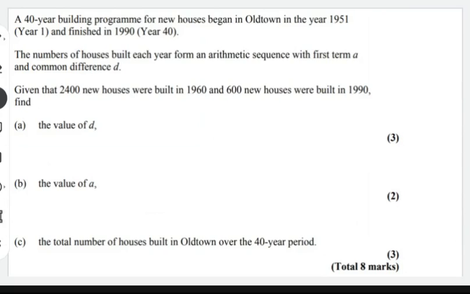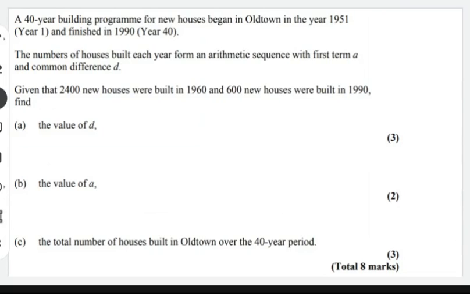So you could use the nth term formula, put in the information that you do know and put it equal to 2,400, and then equally you can use the nth term formula with a different value of n and put it equal to 600, and then you've got simultaneous equations that you can solve.